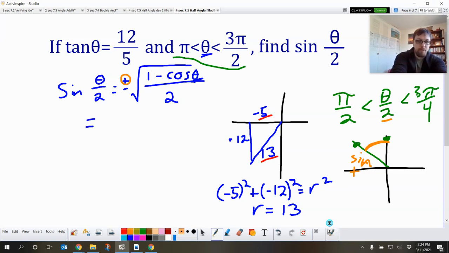So now this is equaling, we're going to keep it positive, remember, square root of 1 minus cosine of theta, which is negative 5/13, all over 2. Okay, now we just need to clean this thing up. I don't like that divide by 13, so I'm going to multiply top and bottom by 13.